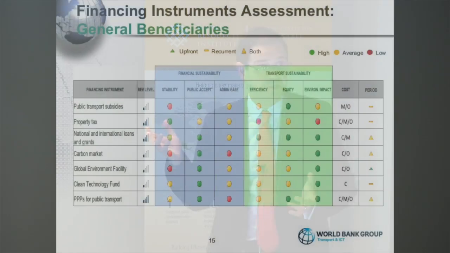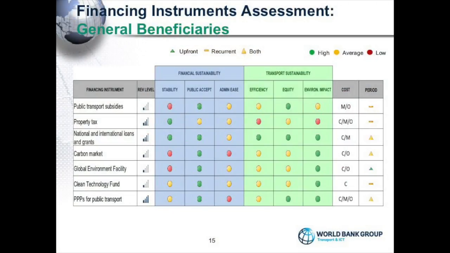So we're looking at general beneficiaries. The left column shows the financing instrument: subsidies, which I will explain a little bit, property tax, national and international loans, like the ones the World Bank or other multilateral banks offer, carbon market, Global Environmental Facility.